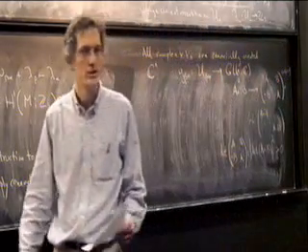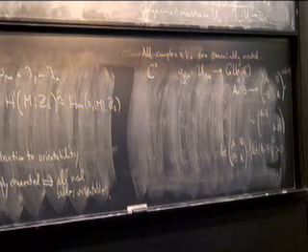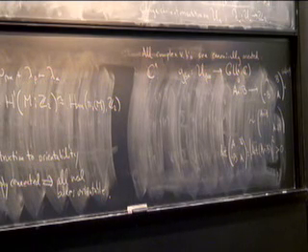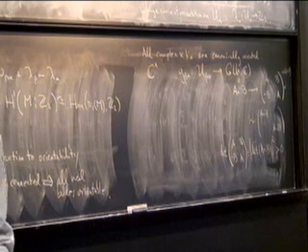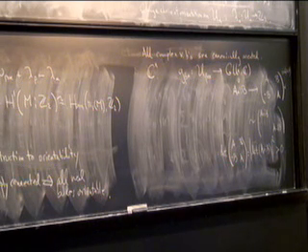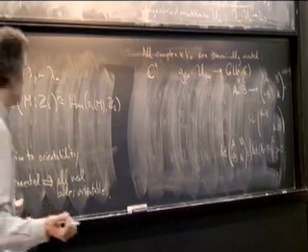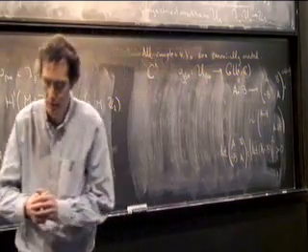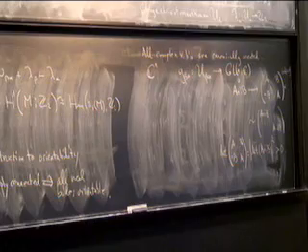Okay? So, if we have any complex vector bundle, and we regard it as a real vector bundle, then it's canonically oriented. So we don't have to worry about that for complex vector bundles.